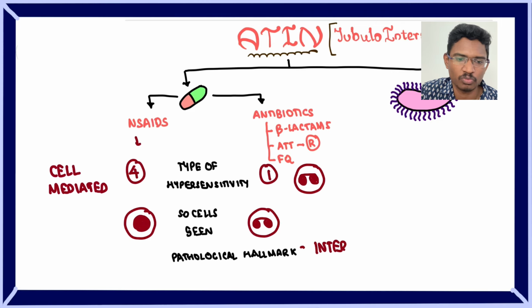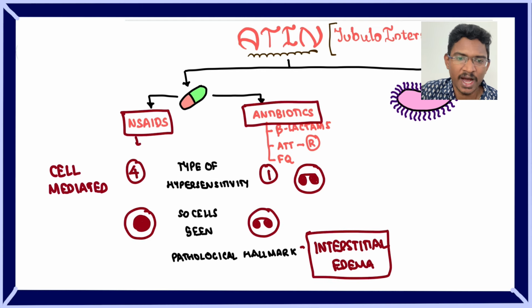So type 1 means what you see in asthma. It is eosinophils. So the cells you can see are eosinophils. And since inflammation will be following, the interstitium will be involved, producing a characteristic pathological hallmark in biopsy, which is interstitial edema. Due to the interstitial edema, the kidney will be swollen up, producing enlarged kidney in ultrasound.